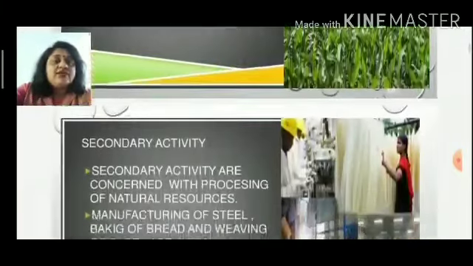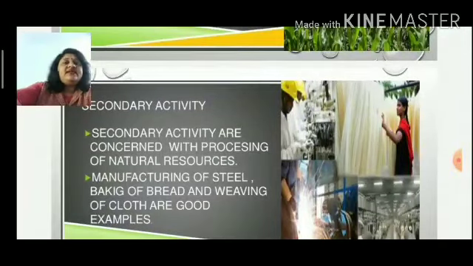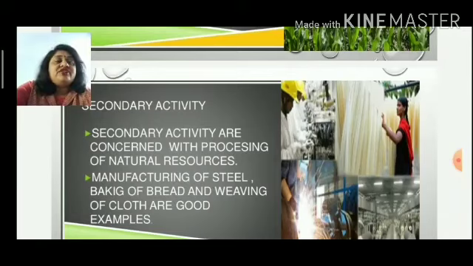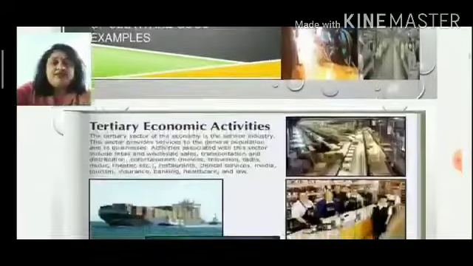Okay, similarly you can see secondary activities. So here are examples of some basic industries in which the processing work is going on, of raw materials. All the raw materials are coming from primary activities.